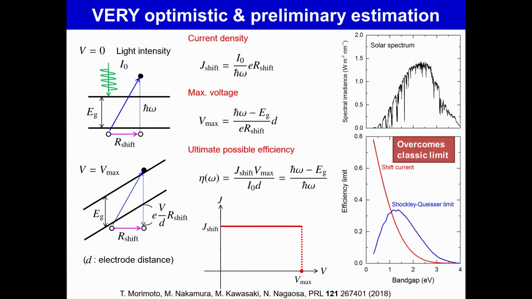Based on a very optimistic, very wild, very convenient assumption, we calculated the efficiency of a solar cell using this quantum mechanical shift current. The upper right is the spectrum of the solar energy on the horizontal axis, so it is the spectrum coming from sunlight.